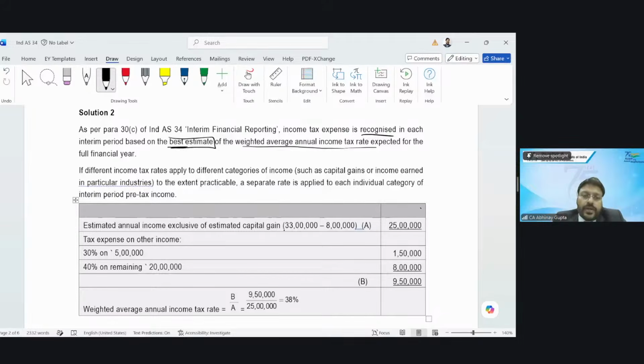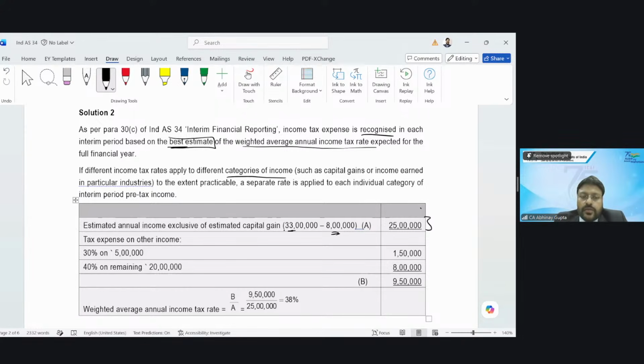Now, if different income tax rates apply to different categories of income, for example capital gains are usually taxed at 20% or 30%, and general income is taxed at 30% and 40% based on slabs, then we first need to calculate the income tax expense for the total income. Estimated annual income exclusive of the estimated capital gain is 33 lakhs minus 8 lakhs, 25 lakhs.